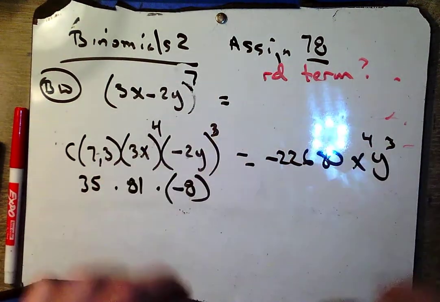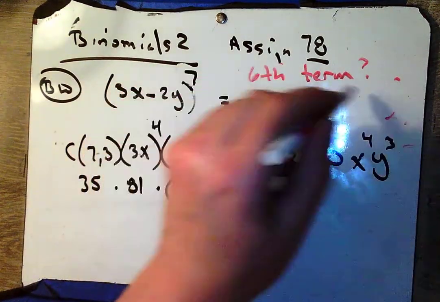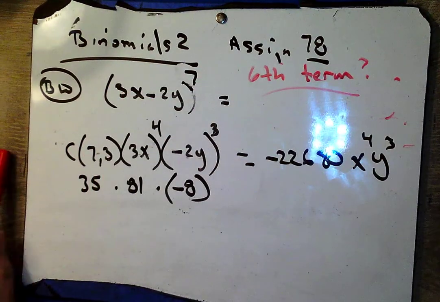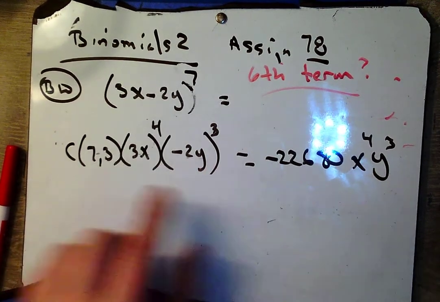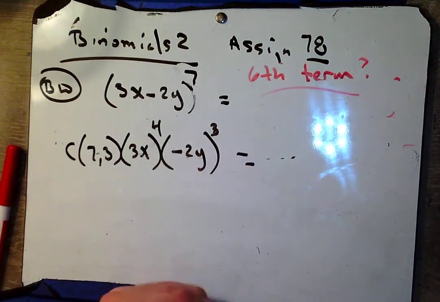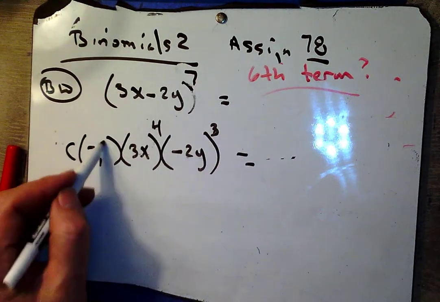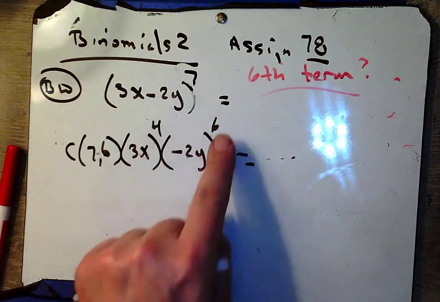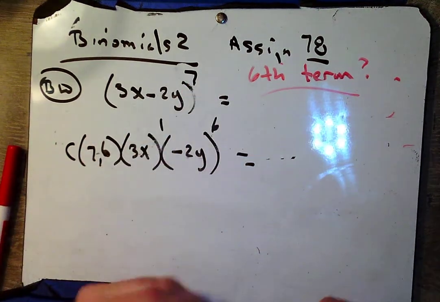Can you find now for me the sixth term? I'd really like it if you found me the sixth term. So what changes here? Sixth term. So that's going to be a 6. That's going to be a 6. And these need to add up to that. So that's going to be a 1.